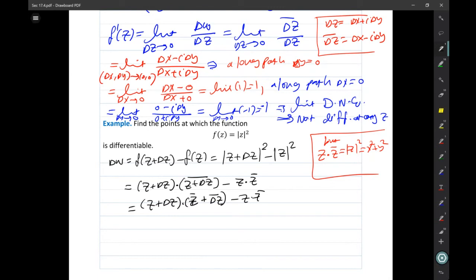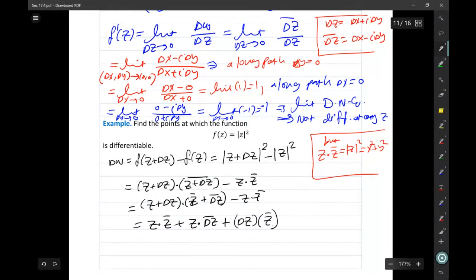Now multiply and simplify. Z times z conjugate, plus z times delta z conjugate, plus delta z times z conjugate, plus delta z times delta z conjugate, minus z times z conjugate.